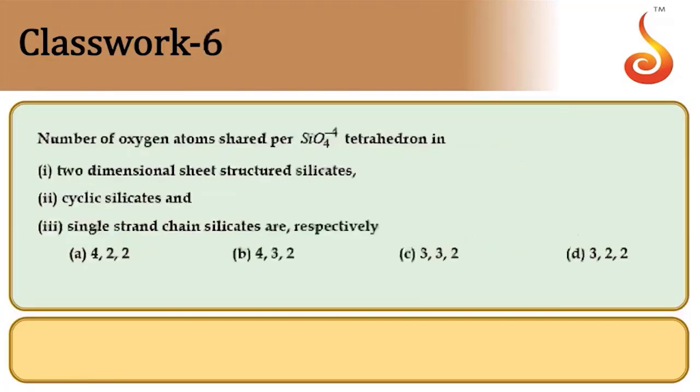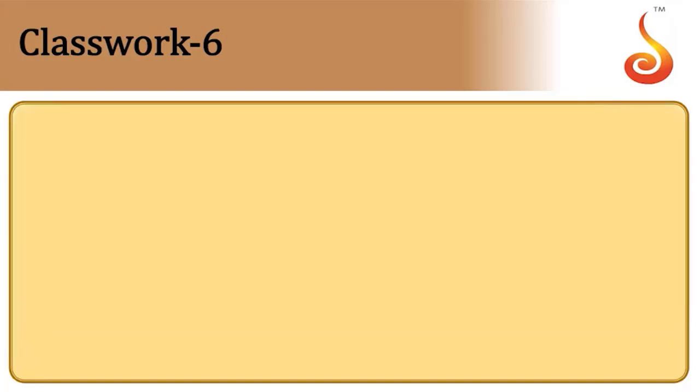Then the number of oxygen atoms shared per SiO4 tetrahedron in two-dimensional sheet structures, cyclic silicates, as well as single strand chain silicates. One should know the structures of these things. Now when you take single strand chain silicates, the silicate structure comes in this form. It extends like this.